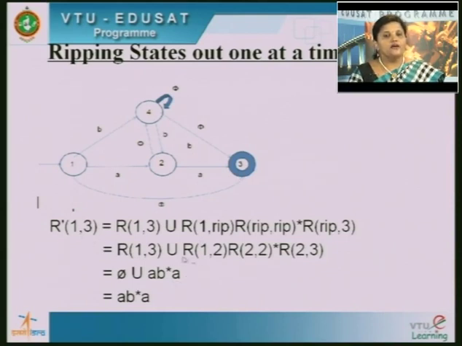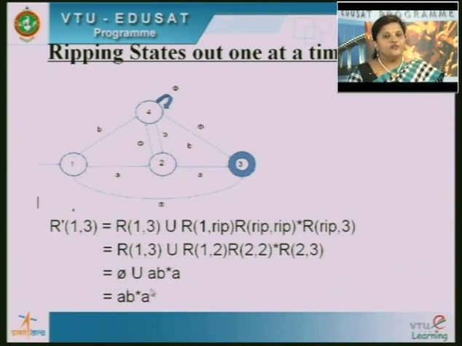So, this formula we can use for any of the FSMs. From 1 to 3, if you are calculating, and state 2 is the intermediate state that you want to remove, you can use the formula R of 1 to 3, union 1 to 2, next R of 2 to 2 star for the self loop, and then 2 to 3, which is A. Okay.